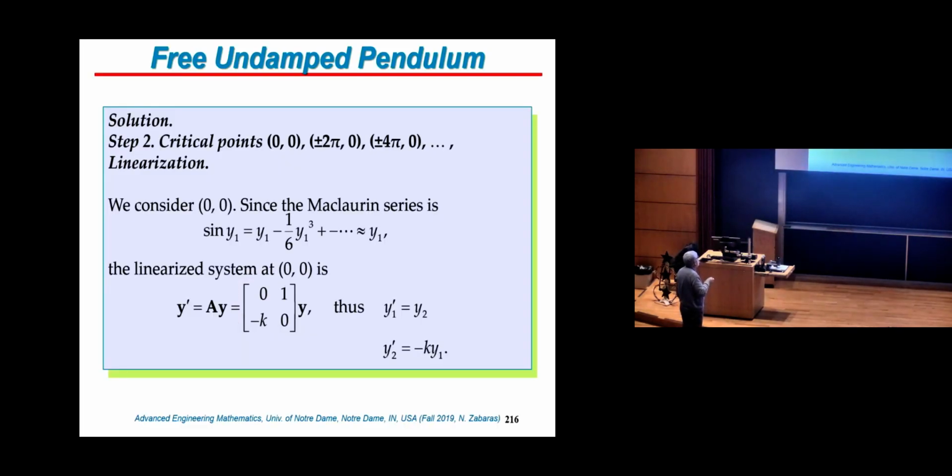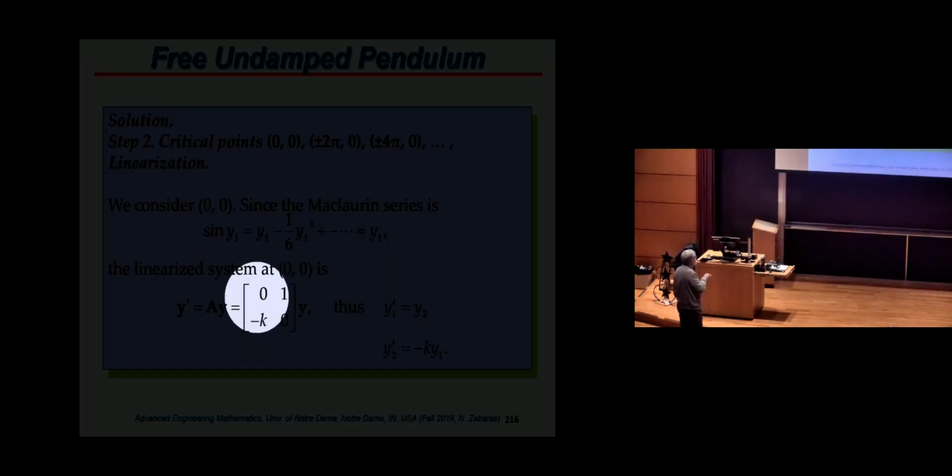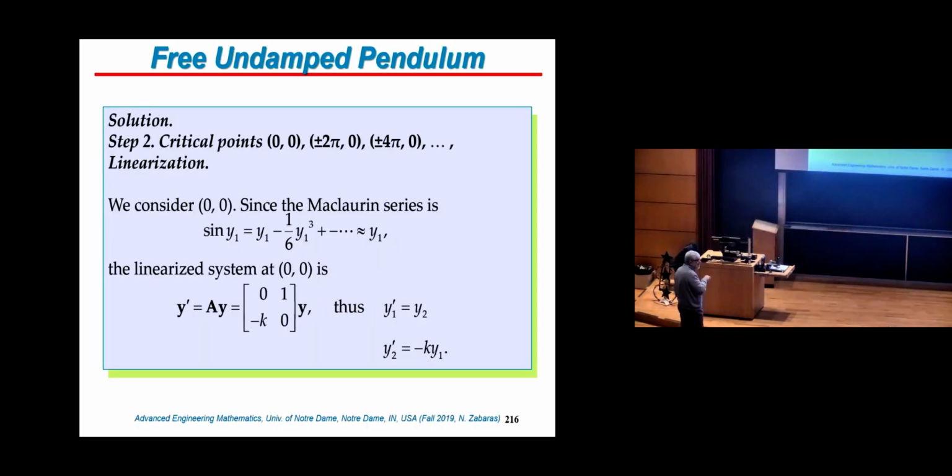If you try to compute the two eigenvalues, you have lambda squared plus k equal to 0. So lambda is plus or minus i square root of k, right? So what is q here?